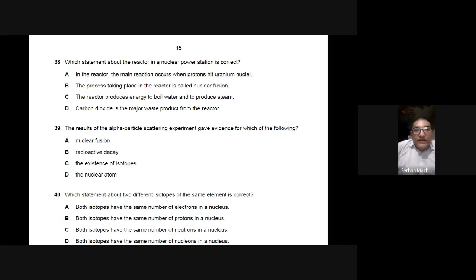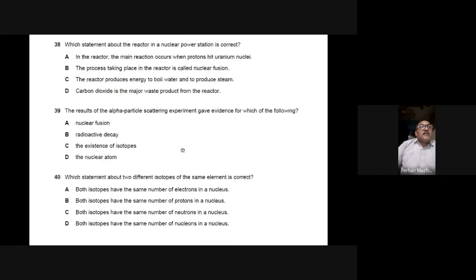For example, we have uranium rods, we bombard them with neutrons, and the process of fission starts taking place, and a lot of energy is given out, and that energy through the moderator is transferred to the boilers, and those boilers convert the water into steam, and that steam is used to turn the blades of turbines, and then those turbines run the generators and electricity is produced. So most probably question number 38, the right option is the C option. The reactor produces energy to boil water and to produce steam. That is the right option in question number 38.